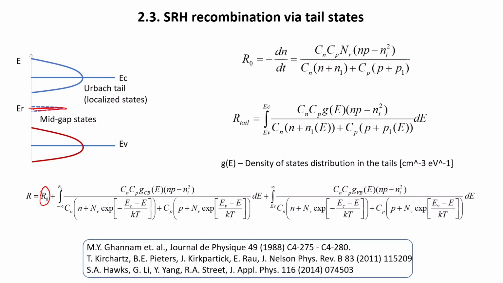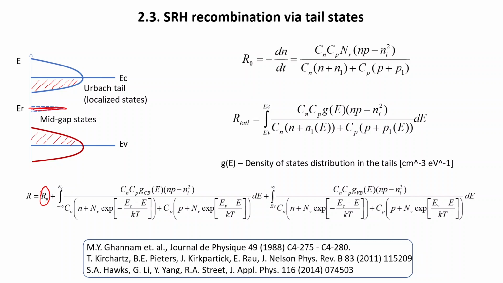However, then we need to add two contributions originating from the tail of localized states next to the conduction band and the tail of the density of states next to the valence band.